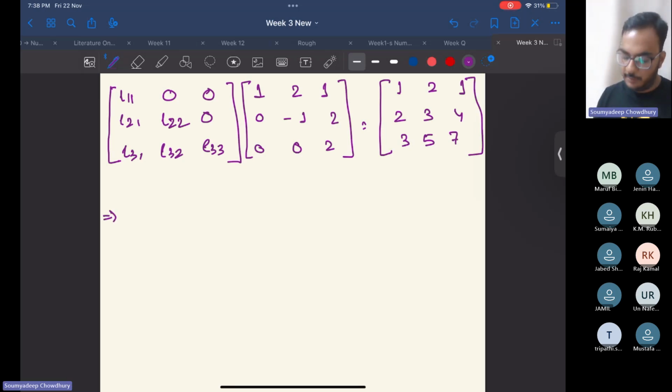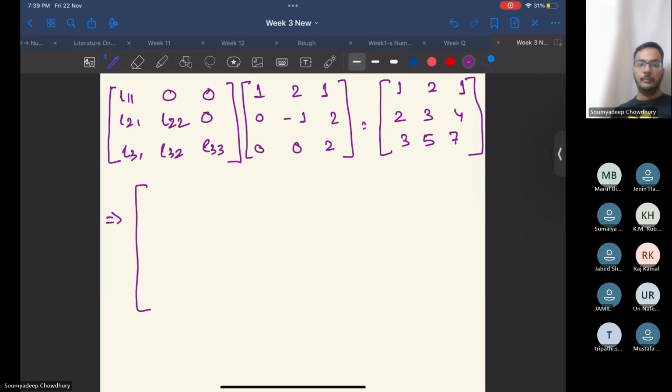So now if we multiply these two, the first element will be L11, right? I'll do the multiplication, otherwise it will be difficult. What will be the first element after multiplying these two matrices? It is L11.